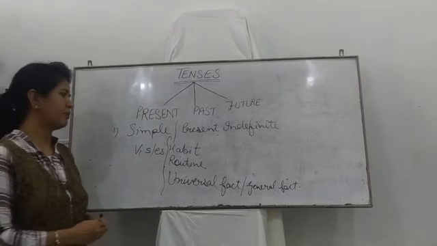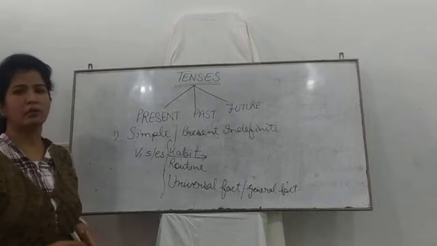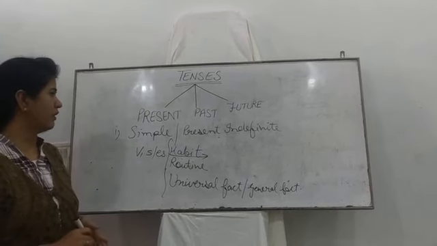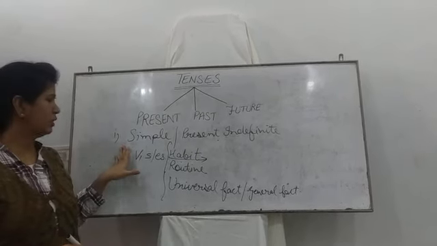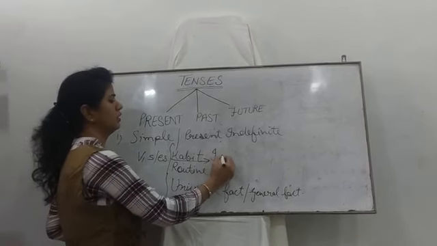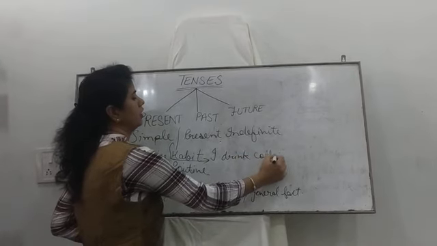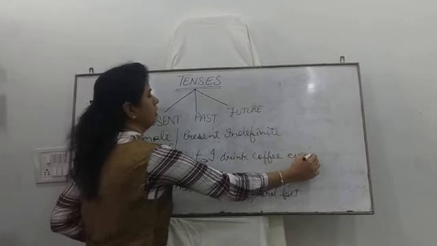Let's take an example of everything. If I am talking about any habit of mine, then I will use simple present tense with verb's first form. Like, I drink coffee every day.